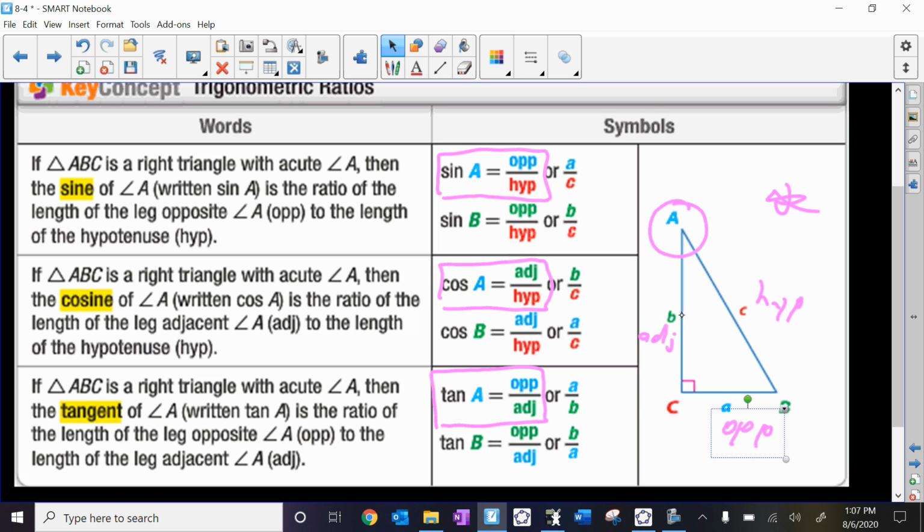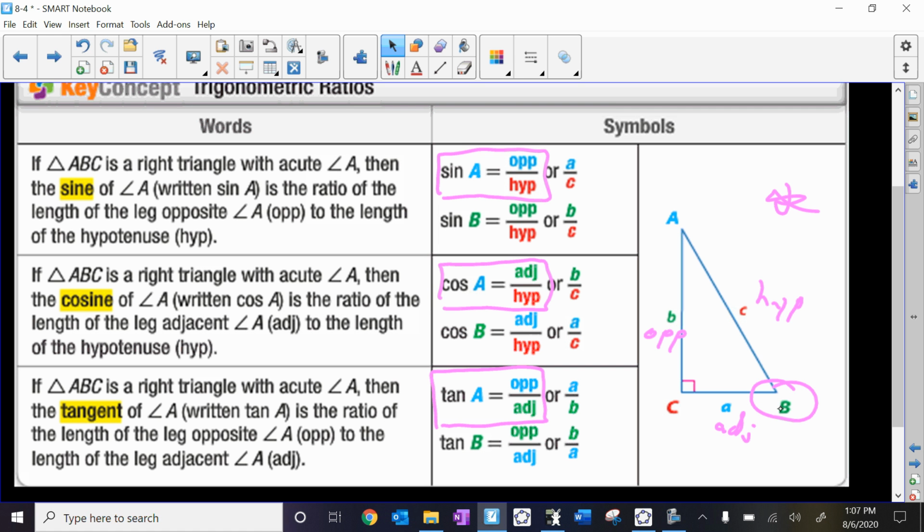Okay, if I was going to focus on angle B instead, that would change it a little bit, not a lot. If I focused on this angle measure, the hypotenuse stays the same, but now the opposite side length would be over here, and the adjacent would be down here in relationship to angle B. Okay. I do want to show you that with these ratios, we're dealing with similar right triangles.